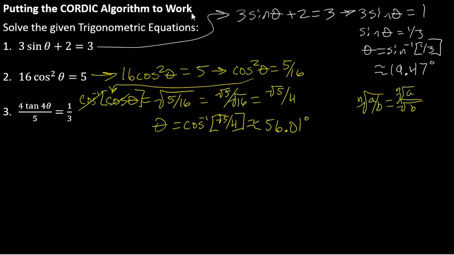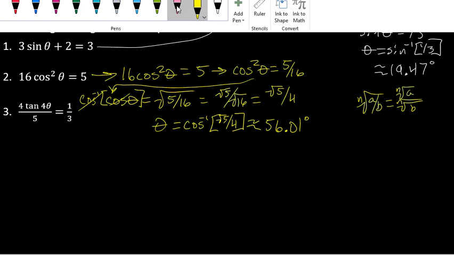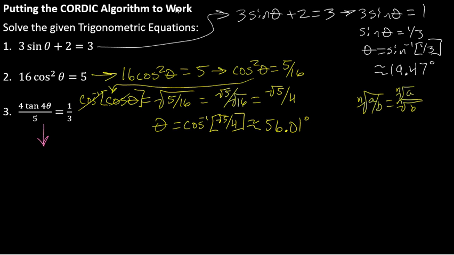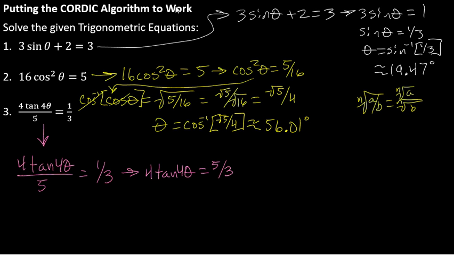Okay, let's do one more example. This guy here, so 4 tangent 4 times theta, all of that over 5 is equal to 1/3. Okay, so I'm going to multiply by 5 on both sides. That's going to give me 4 tangent 4 theta is equal to 5 over 3. Then I'm going to divide by 4 on both sides.